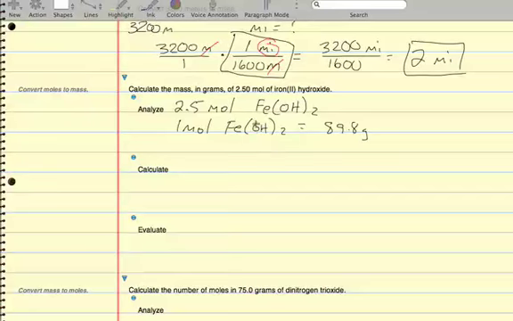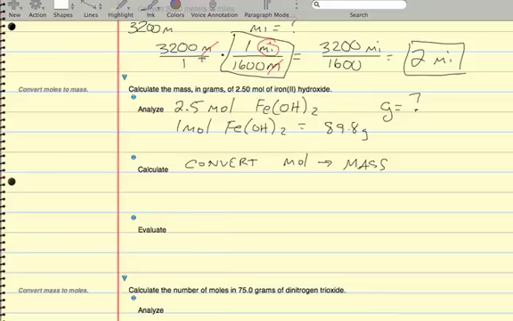We combine the molar masses of all of those to figure out what 1 mole of those molecules' mass is worth. Ultimately, as we're still in the analysis section, we're trying to solve for the number of grams. That's our unknown. Alright, to calculate, we're going to use the conversion that we're going to convert the moles to mass.